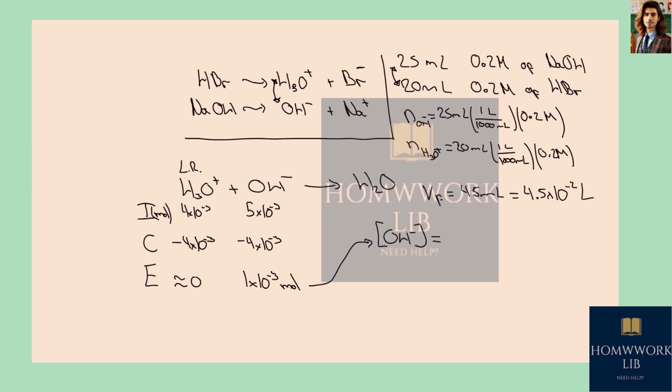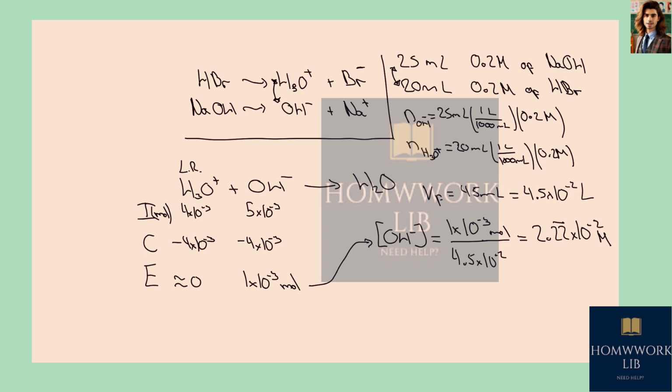So the concentration of OH minus will be 1 times 10 to the minus 3 mole divided by my volume, which gives 2.22 times 10 to the minus 2 molar concentration of OH minus.